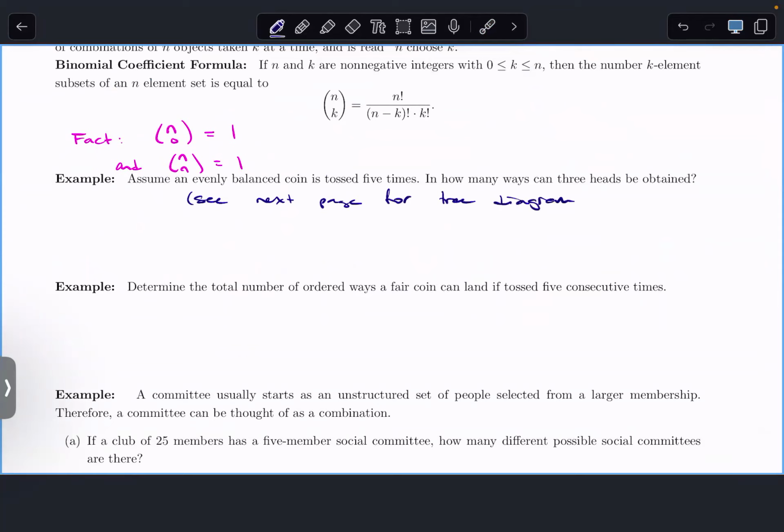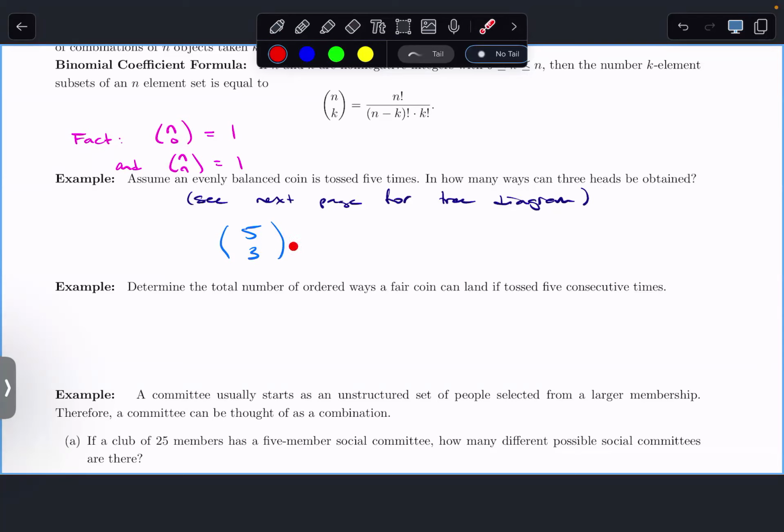I'll add that. But really what we're going for is 5 choose 3. Oh, and I shouldn't jump straight to 10 here, but 5 choose 3 ways of arranging these, right?